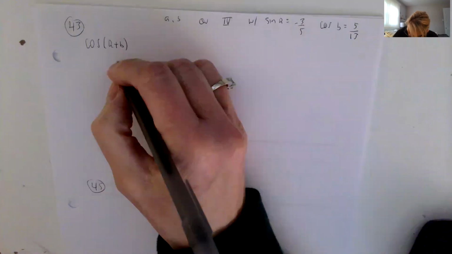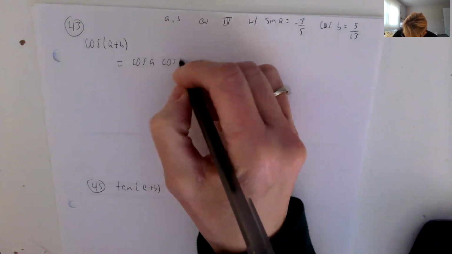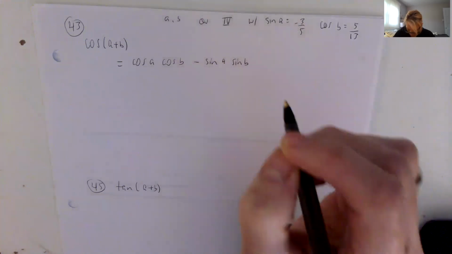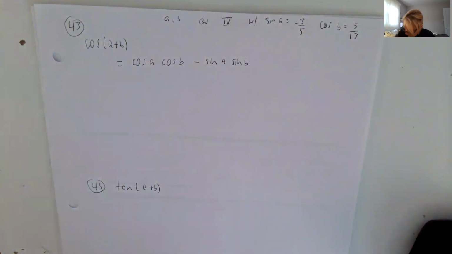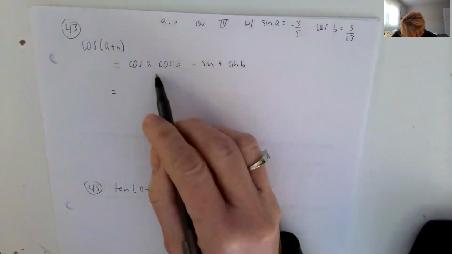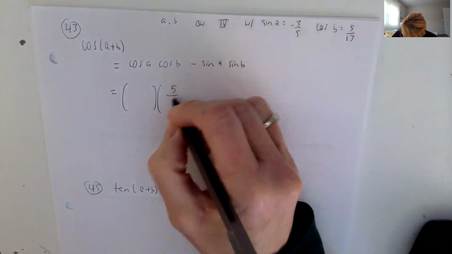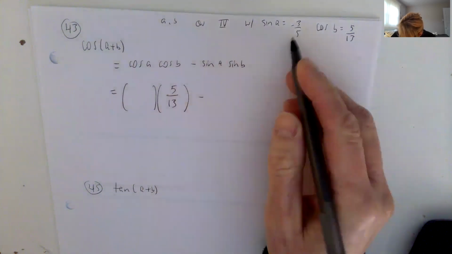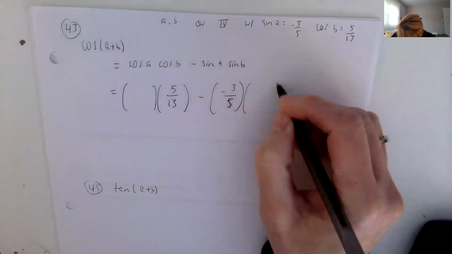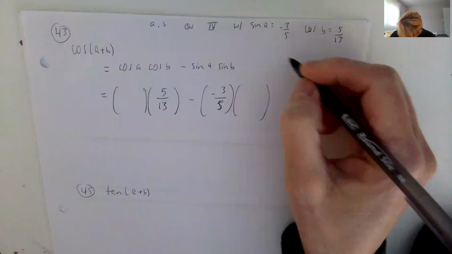So the sum identity says the cosine of A times the cosine of B minus the sine of A times the sine of B. Okay, so the cosine of A we don't have, we have the cosine of B is 5/13, minus the sine of A we have is a negative 3/5. And we don't have the sine of B.